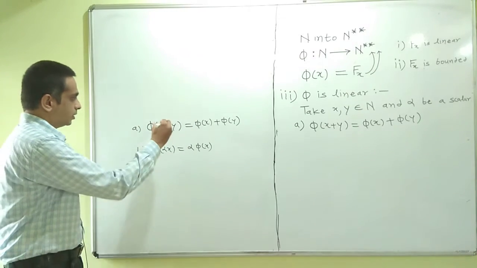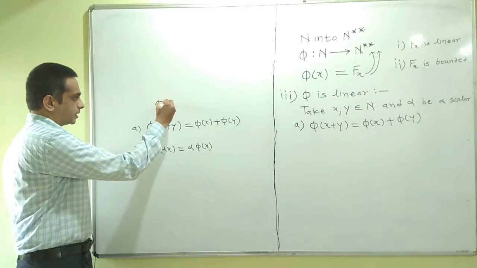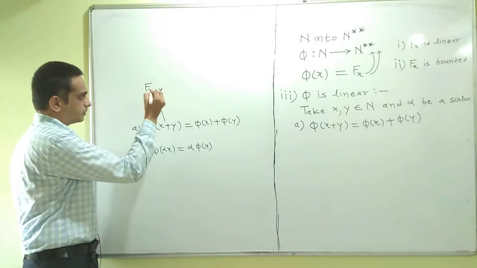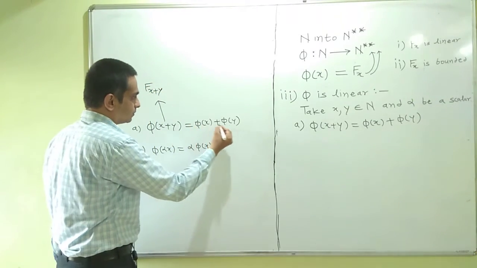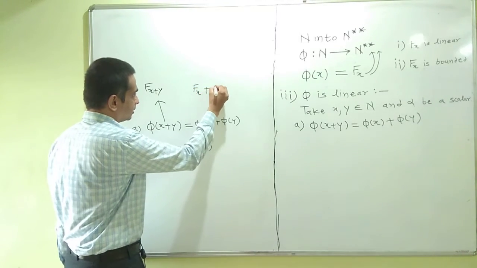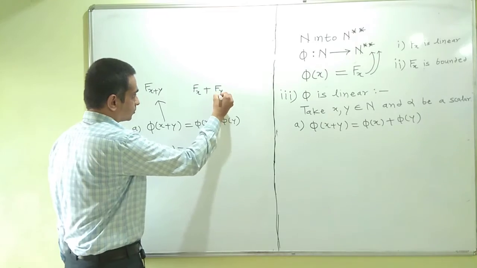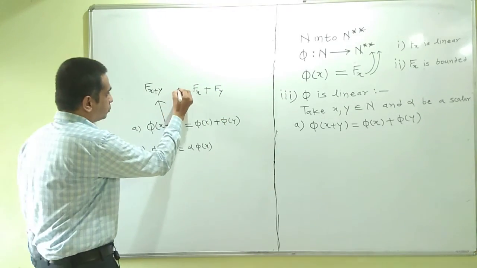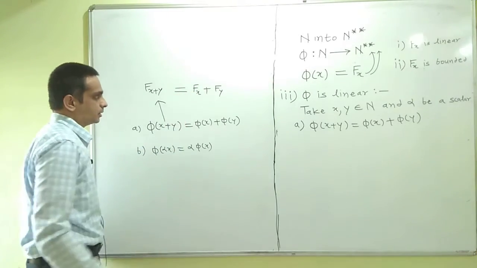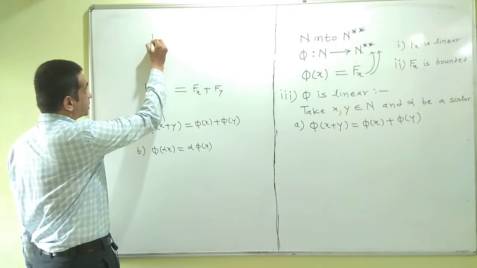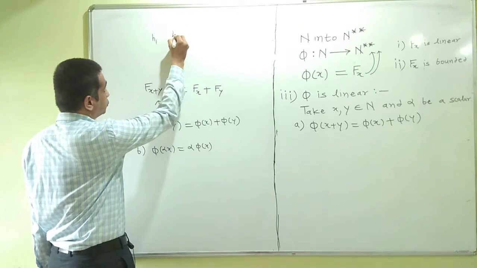Now try to understand what is phi of x plus y. It is the function F of x plus y. And what is phi x plus phi y? It is Fx plus Fy. So we want to prove that these two functions are equal. When two functions are equal, say we have two functions, let me call them h1 and h2.